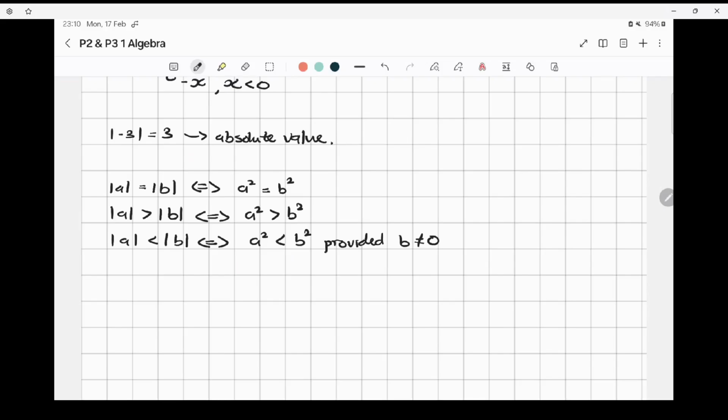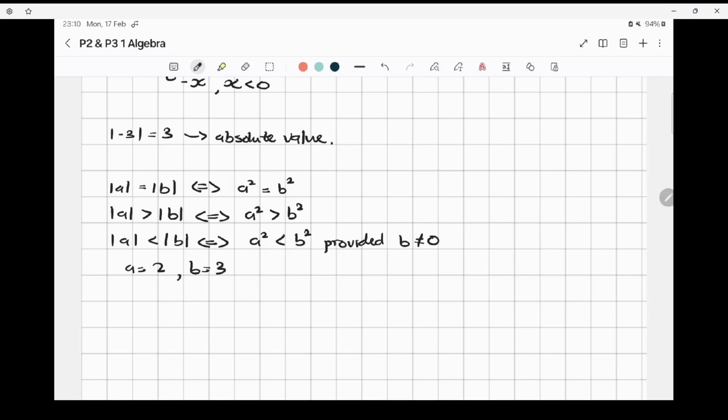The reason why is, for example, okay, so why B cannot be equal to 0? Let's say your A is 2 and B is 3.